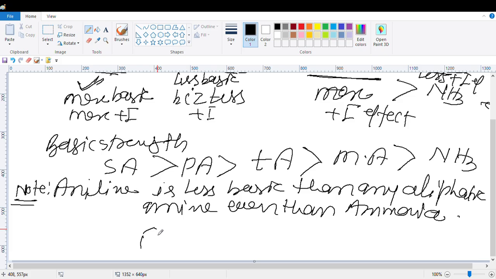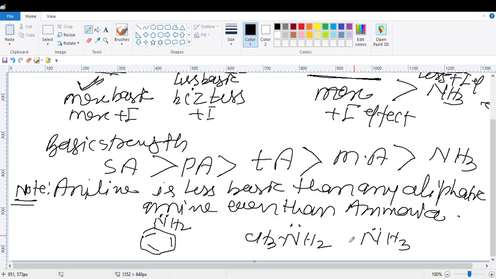Aniline has formula C6H5NH2 and methylamine has the formula CH3NH2 and ammonia has the formula NH3. We are saying that aniline is least basic. Ammonia is more basic and your methylamine, that is aliphatic amine, is most basic.